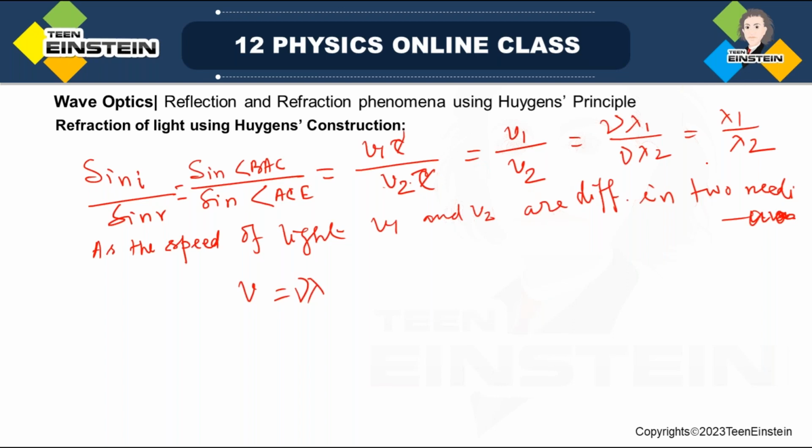And in this case, one thing you need to note is that frequency always will be the same. Frequency doesn't change from medium to medium. Frequency of light will not change from medium to medium.